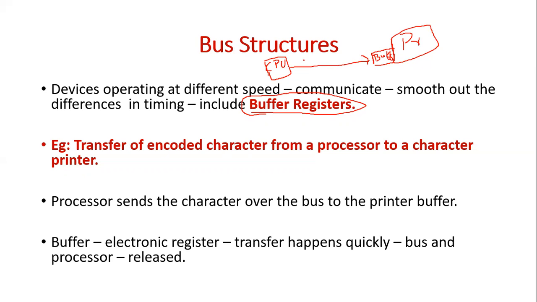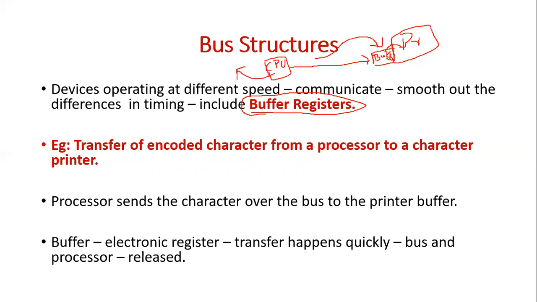Whatever the CPU wants to print, it will just write into the buffer. As the buffer is a high speed electronic device, the CPU can write into it at a faster speed. After writing the content to the buffer, the CPU will do some other job, because some other process may be waiting, so the CPU will context switch there. Now the printer will slowly take the data from the buffer at its own speed and print.